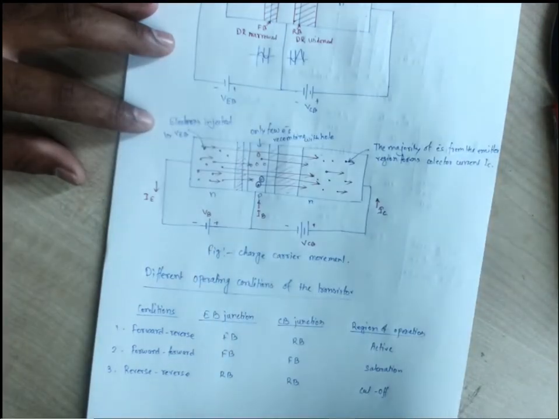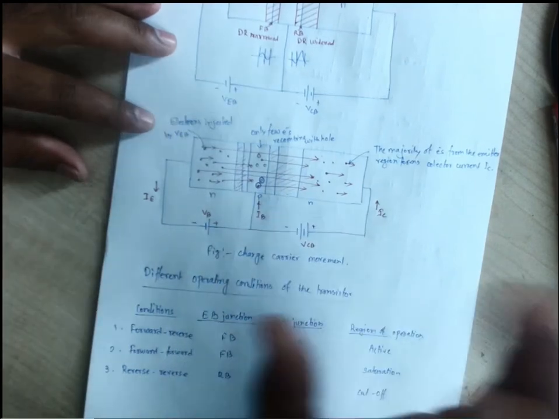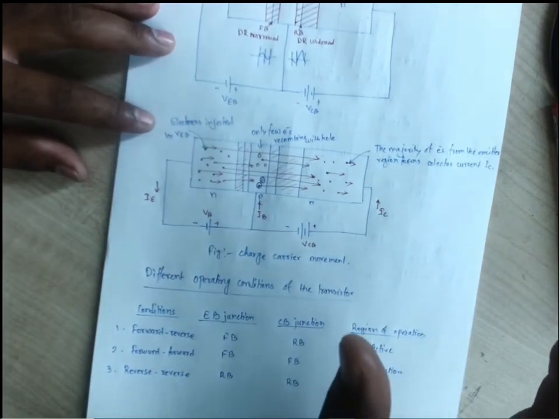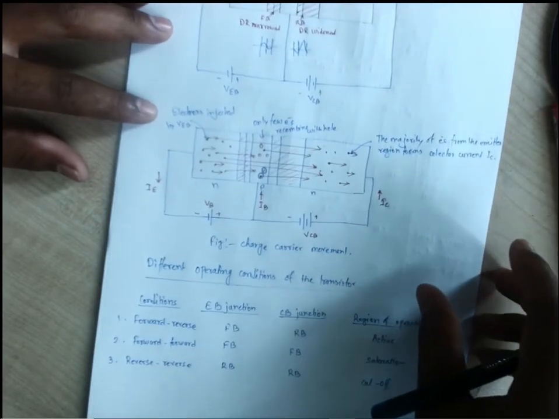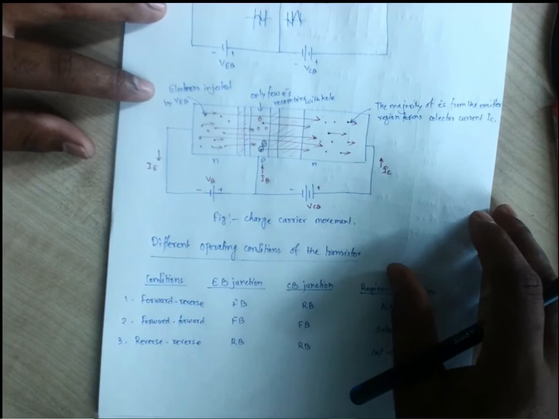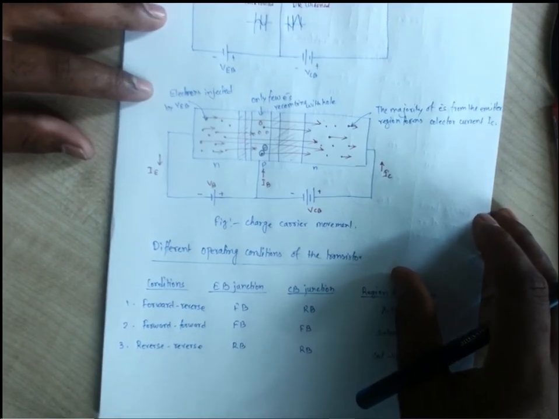Normally, if we think about a diode, the forward bias is helpful for the current to flow, but the reverse bias does not allow the current to flow through it.